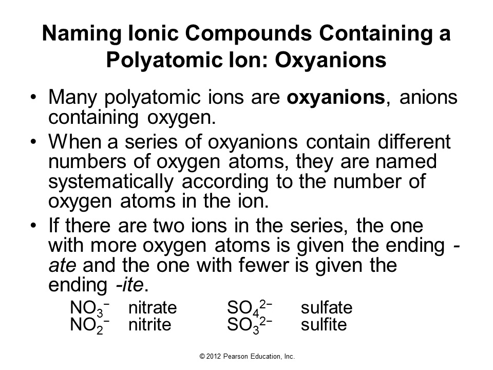Most polyatomic ions are oxyanions, that is, they contain oxygen. When a series of oxyanions contain different numbers of oxygens, they are named systematically according to the number of oxygen atoms. For instance, NO3 has 3 oxygen atoms and a -1 charge.